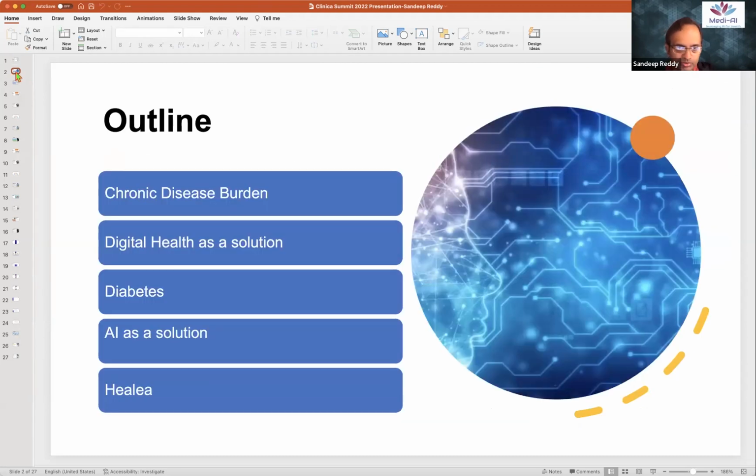The outline for today's presentation is, firstly, I will talk about the level of burden chronic diseases impose on healthcare services and how digital health and specifically artificial intelligence can be a solution. And then we will hone in on diabetes, which again, as a chronic disease, imposes a huge burden on health services and on the population in general.